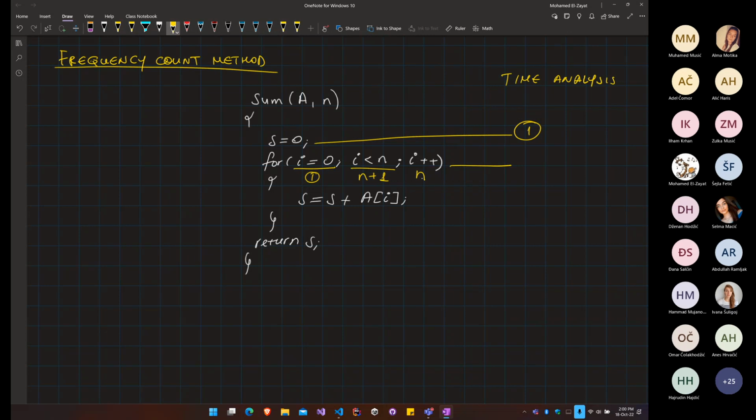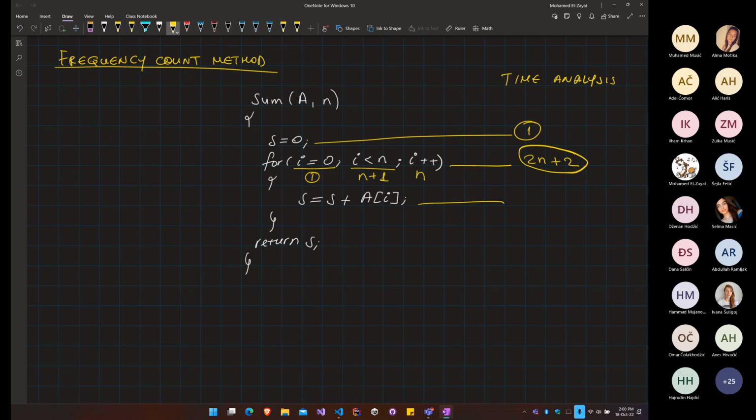That means that you have how much right now? 2n plus 2. This is the execution time for that loop. Now the question is, how many times does this execute?